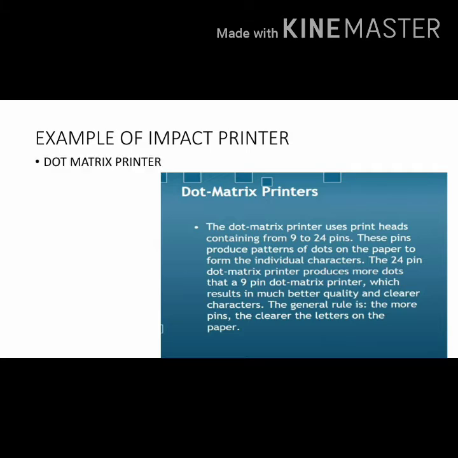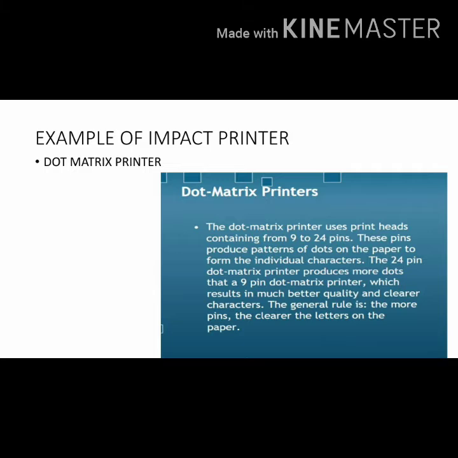The 24-pin dot matrix printer produces more dots than a 9-pin dot matrix printer, which results in much better quality and clearer characters. The general rule is the more pins, the clearer the letters on the paper.